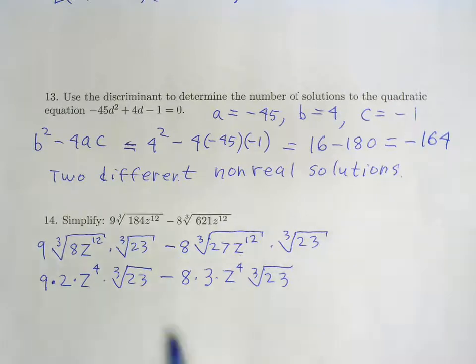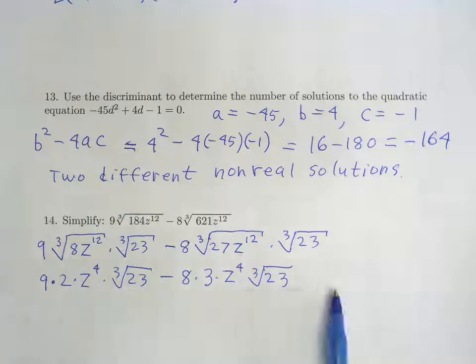Notice that all of the terms are like terms. They both have the same simplified cubed root, the cubed root of 23, and on the outside of the radical, they both have z to the fourth.